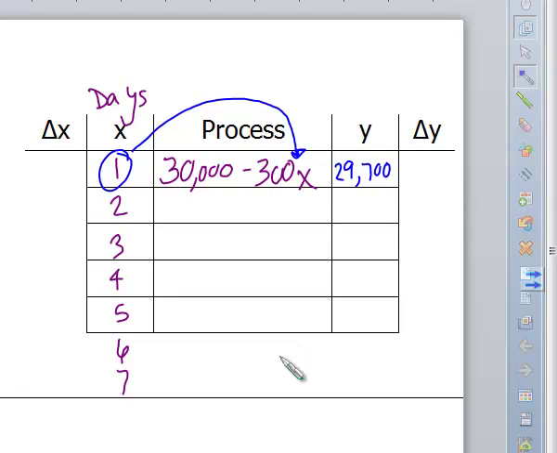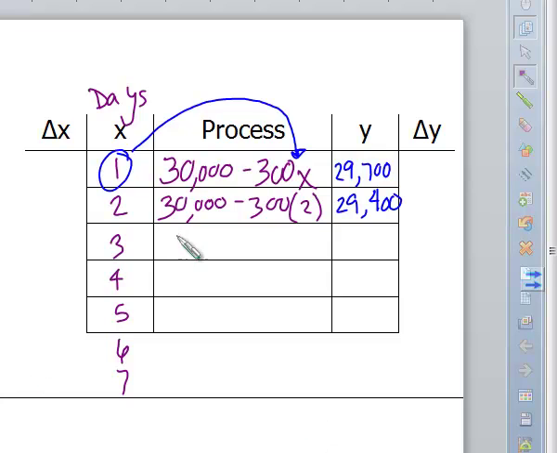Now I'm going to do the exact same thing, plugging 2 in for my X. So I've got 30,000 minus 300 times 2. And that ends up being 29,400.